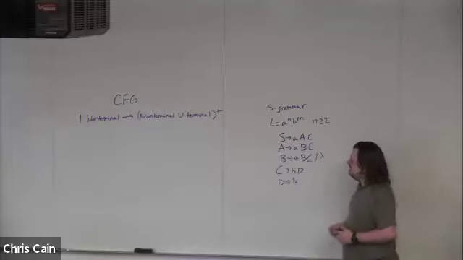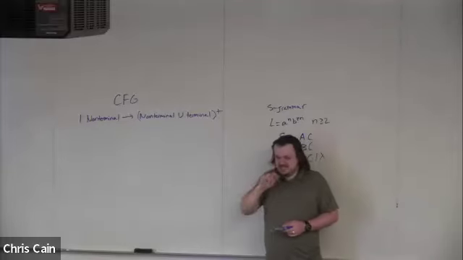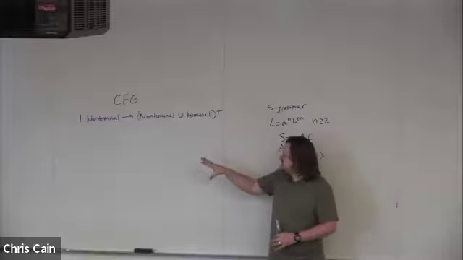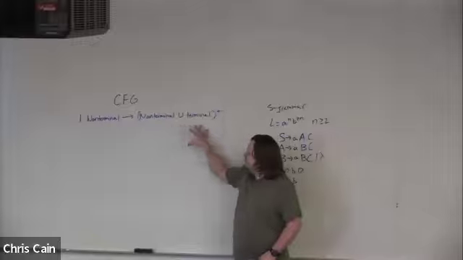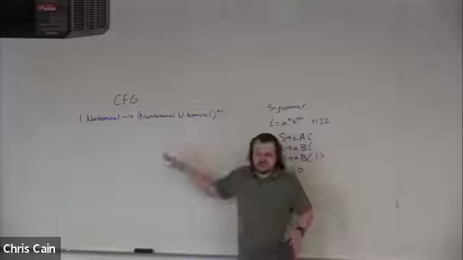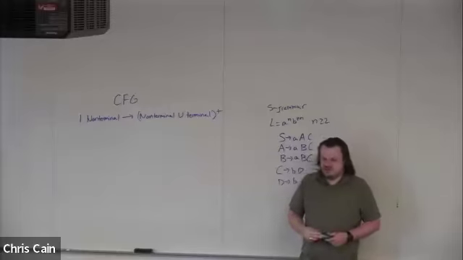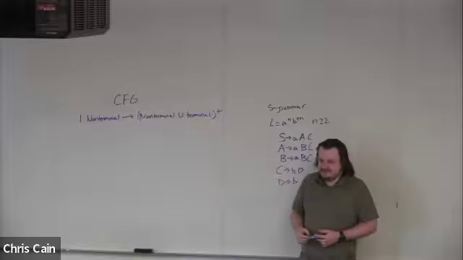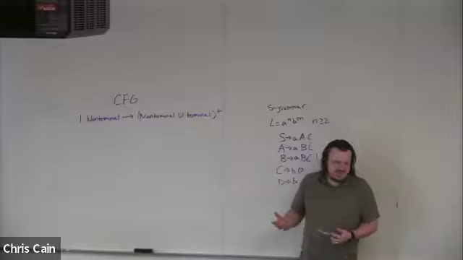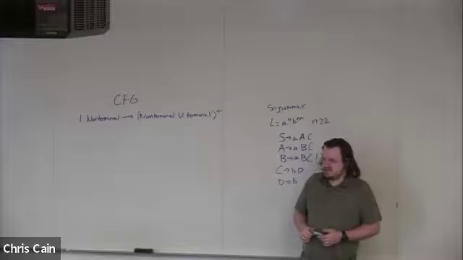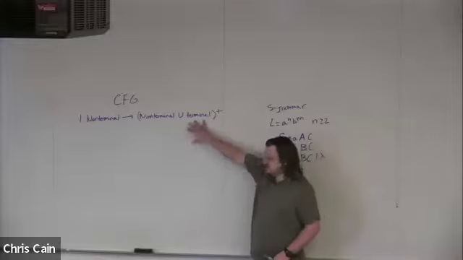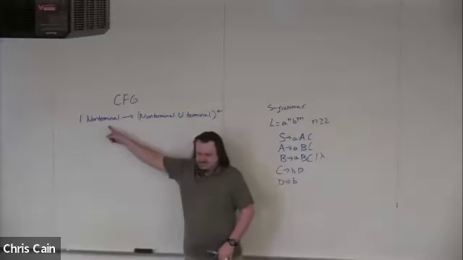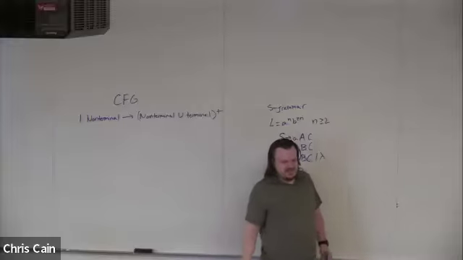We need at least one non-terminal or terminal on the right-hand side of a production. We can't have a non-terminal going to nothing. We have exactly one non-terminal going to really one or more non-terminals or terminals, and we can intermix those in any order that we want. There is no restriction on the number of them, the placement of them with respect to each other, etc. Every other grammar type that we've seen has had some restriction here. And the only restriction to a context-free grammar is actually right there, the single non-terminal on the left-hand side.